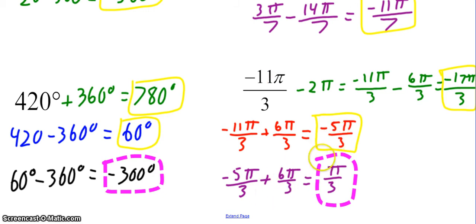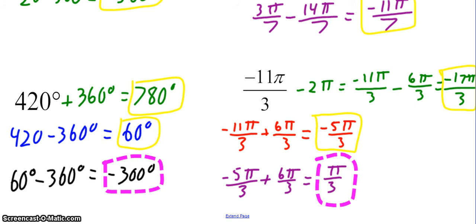So to get a positive coterminal angle, I need to continue to add 2 pi. So if I add 6 pi thirds again, I get pi thirds. So this is an example of a positive coterminal angle. Here is a negative coterminal angle. This is also a negative coterminal angle. You do not need both of them for an answer, but you need one negative and one positive.